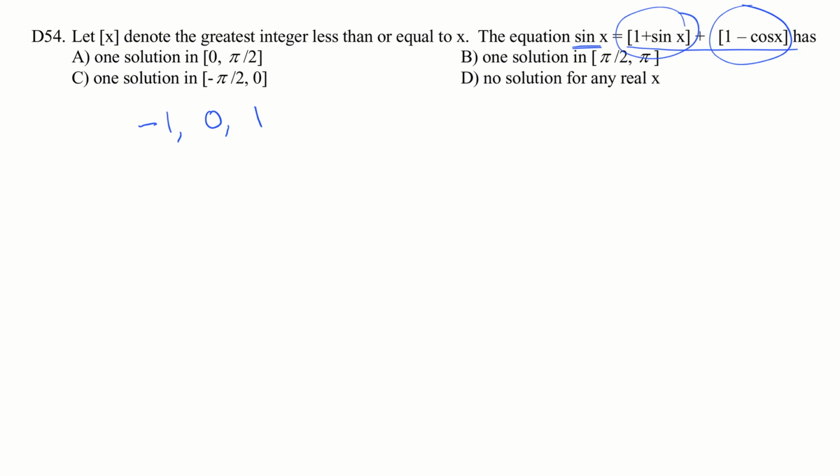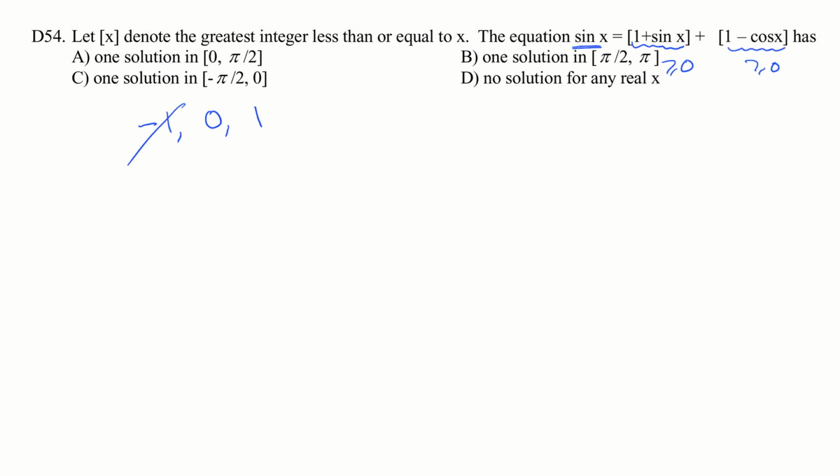But you can observe one more point, that this inside quantity is always greater than or equal to 0. Therefore, you cannot have LHS as minus 1 if it is a solution.